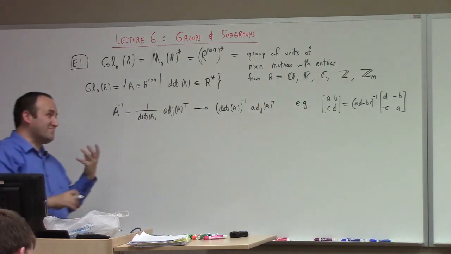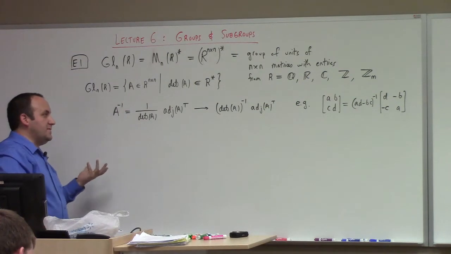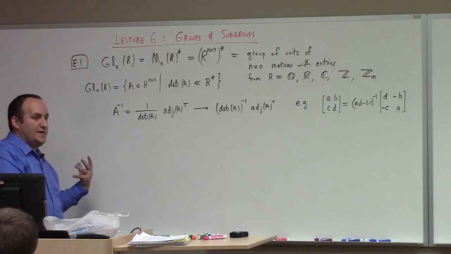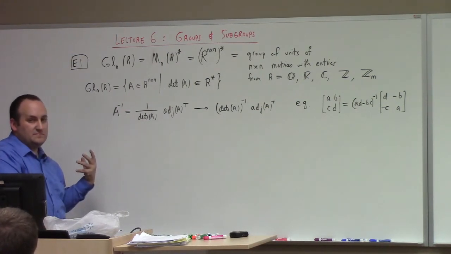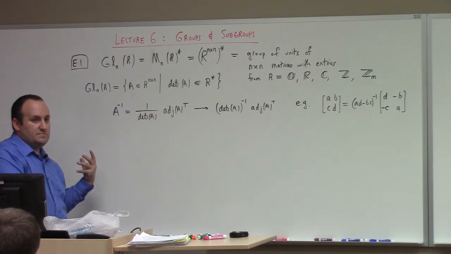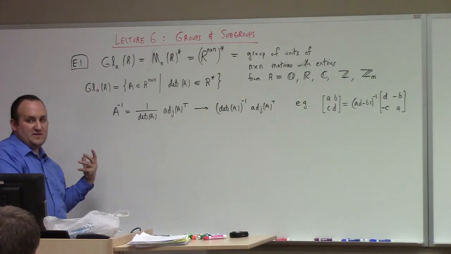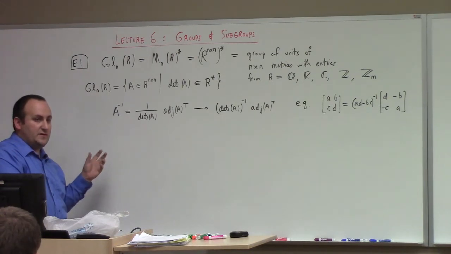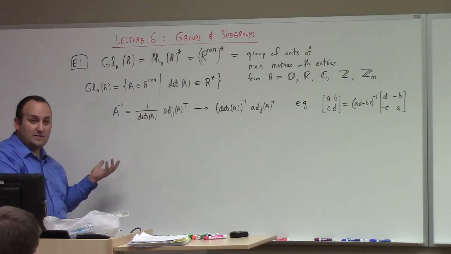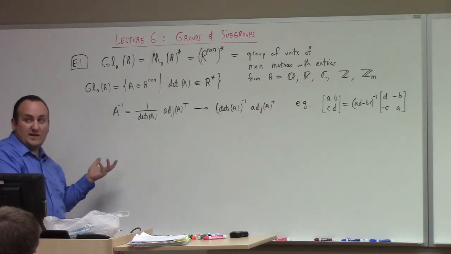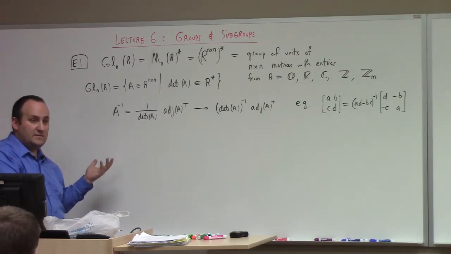The point is, the proof that that actually serves as the inverse matrix, what does it involve? Basically just that you multiply entries in the usual way, that you've got addition and multiplication in the usual way defined, right?